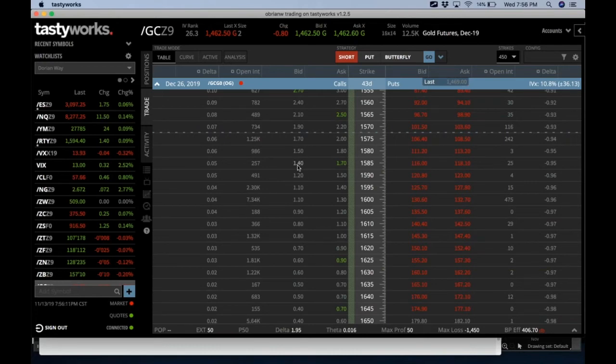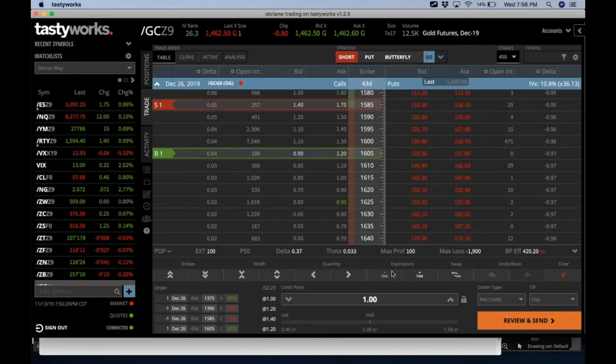Let's see what happens at the 5 delta. So I do 1585, and then I do 20 points wide. So let's do the 1605, and let's see what this looks like.